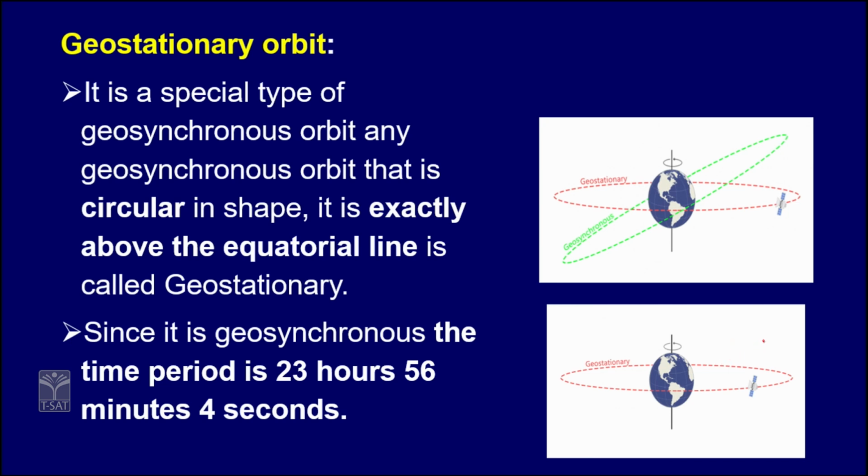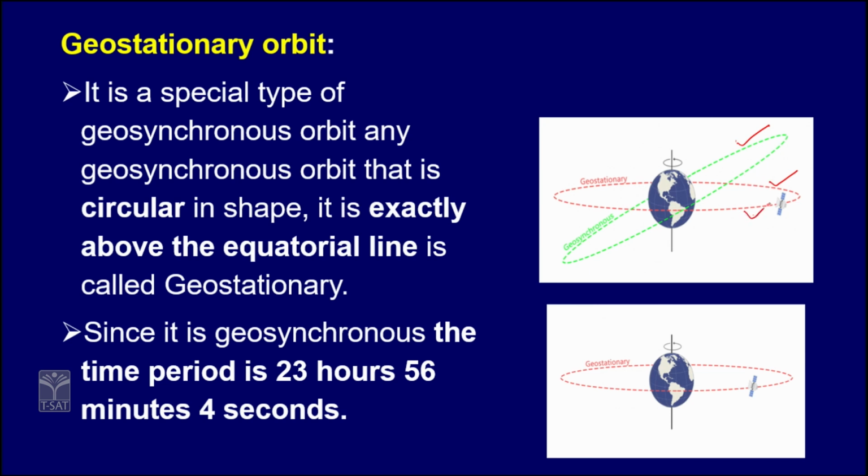If you look at this picture, we have two types of orbits, one is this one and another is this one. Both might have the same time periods, but both are not geostationary orbits.